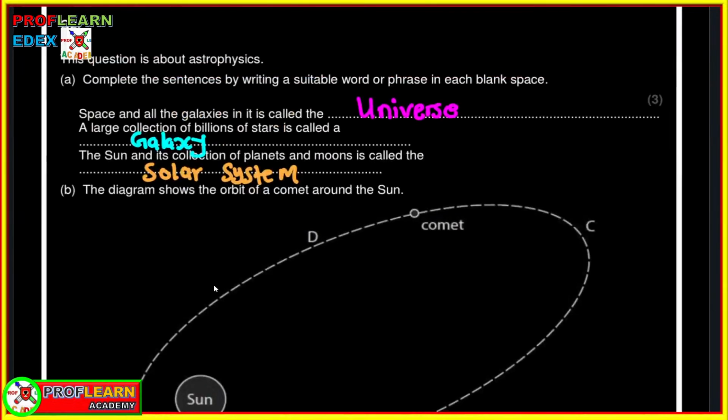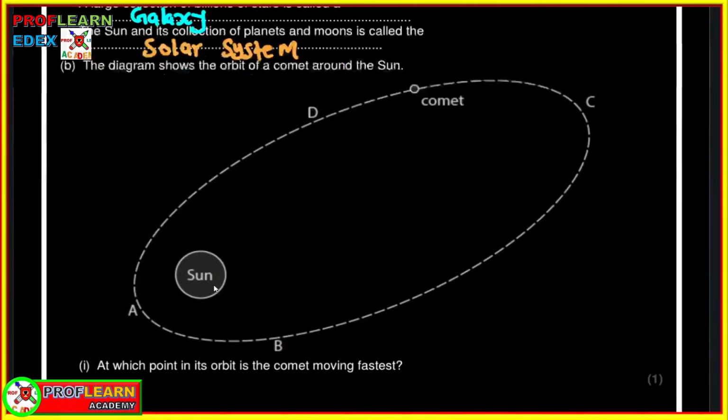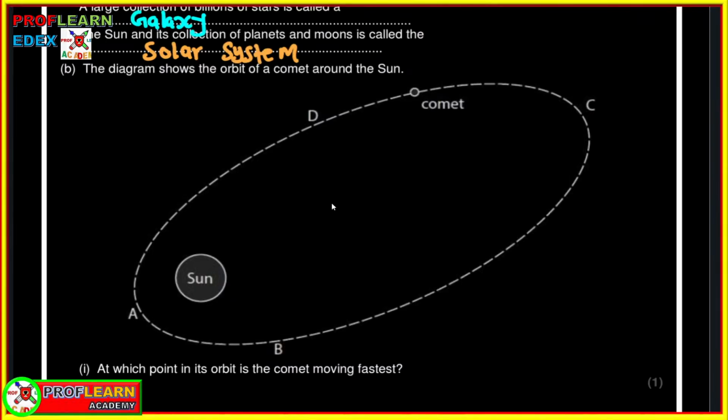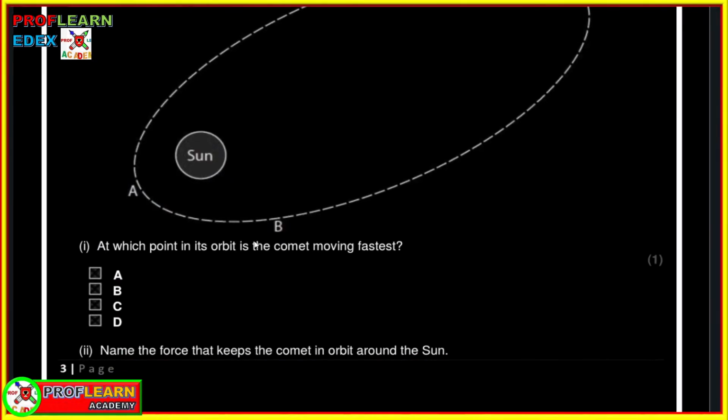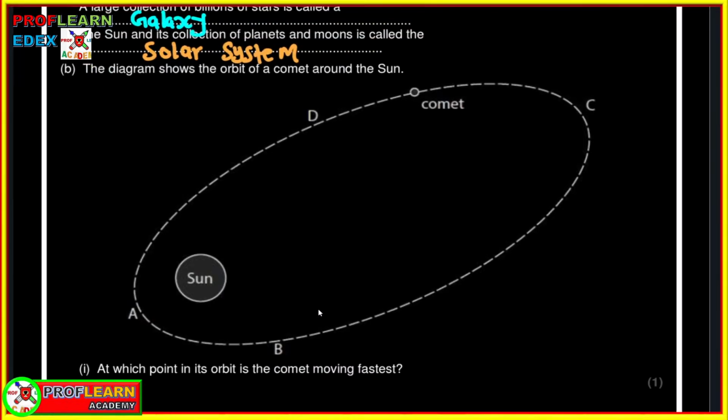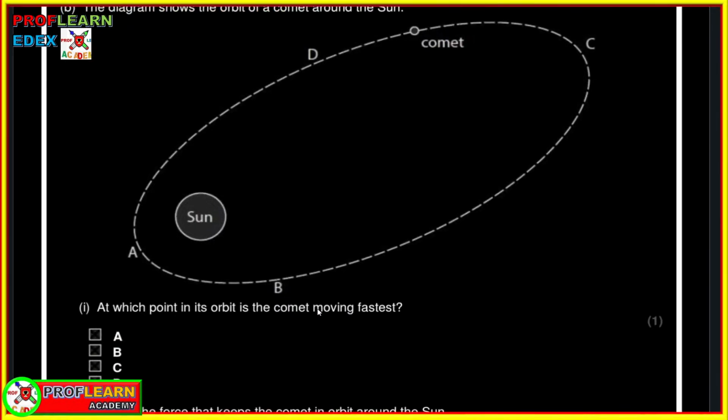Now we have an object orbiting the sun, and this object is the comet. Remember, the orbit of the comet is quite elliptical, elongated compared to that of planets. At which point on this orbit is the comet moving fastest? It moves fastest where it's very, very close to the sun.